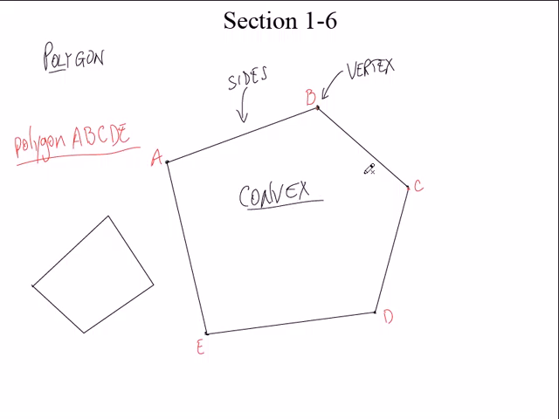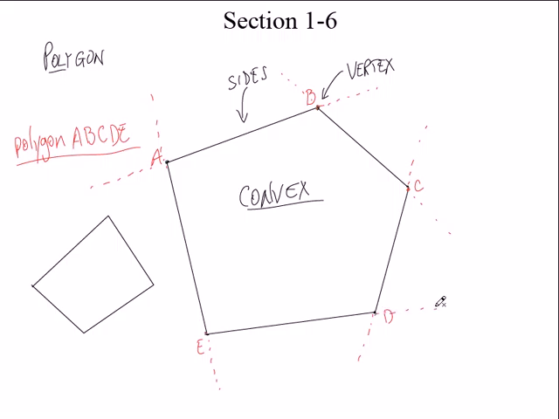Convex. Because watch this. I'm just going to sketch this out. I'm not going to get perfect straight lines here, but watch. If I extend all the sides, I take this AB and extend it, take this AE and extend it with a dotted line. I want you to see what's true about the extensions. Do they ever go inside the polygon?